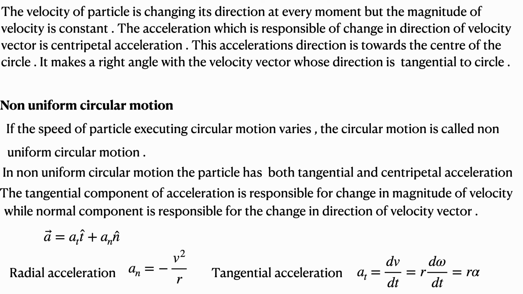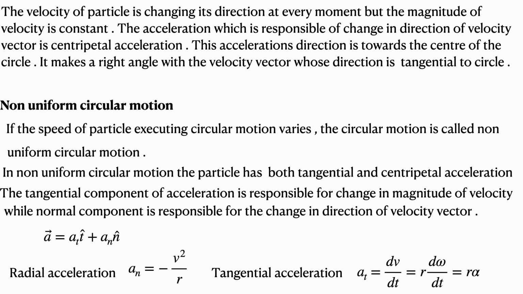The velocity of the particle is changing its direction at every moment, but the magnitude of velocity is constant. The acceleration which is responsible for the change in direction of the velocity vector is called centripetal acceleration. This acceleration is directed towards the center of the circle. It makes a right angle with the velocity vector, whose direction is tangential to the circle.